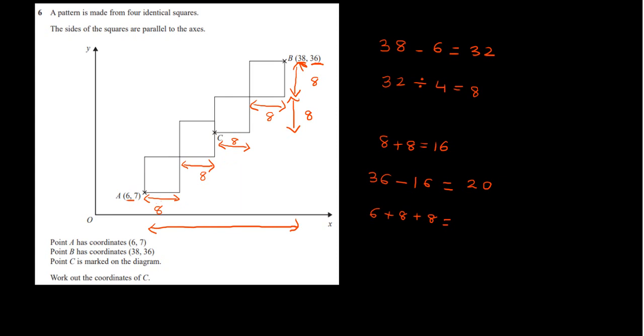That's going to be my x coordinate. The question says work out the coordinates of C, so the coordinates of C would be 22, the x coordinate first, and then the y coordinate 20. There we go. Right, let's move on to the next question.